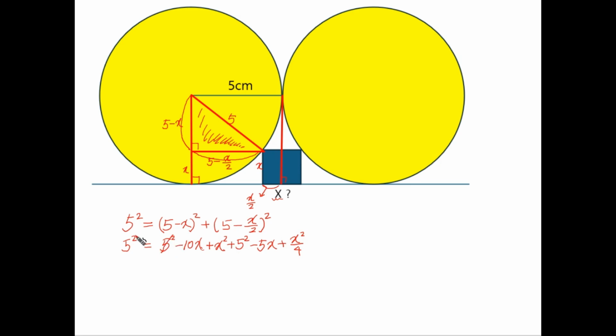Then we can erase this. x squared is 2.5 over 4 x squared, minus 15x plus 25 equals 0.